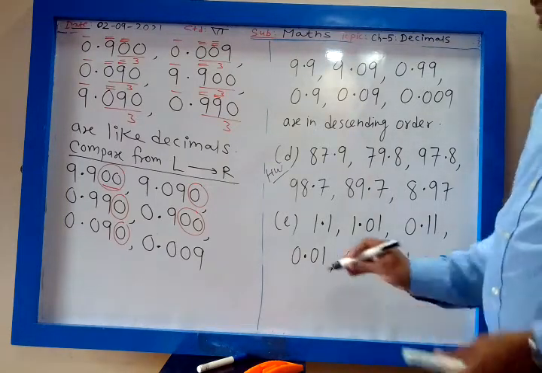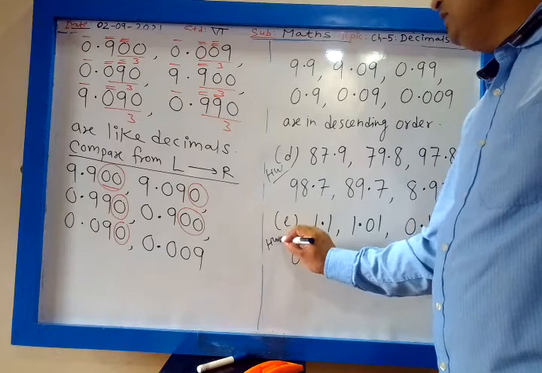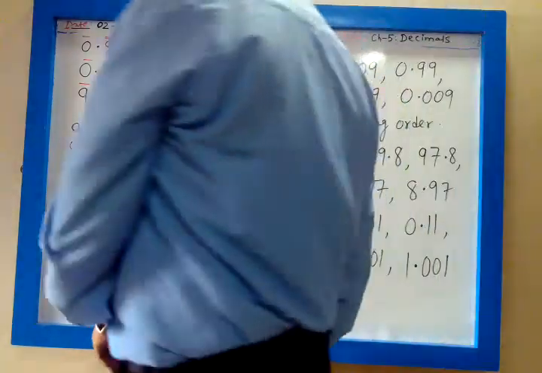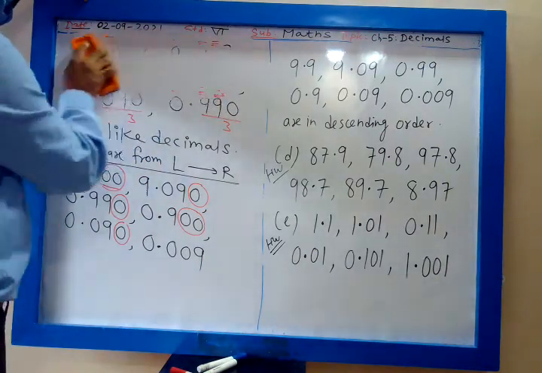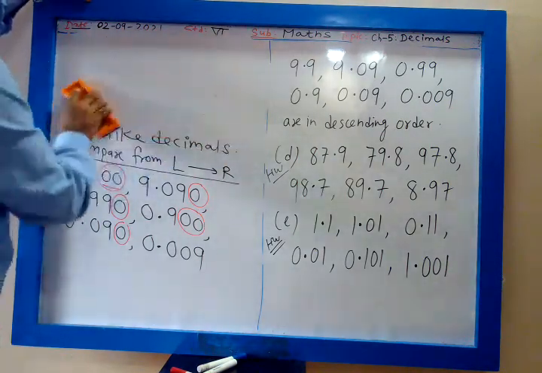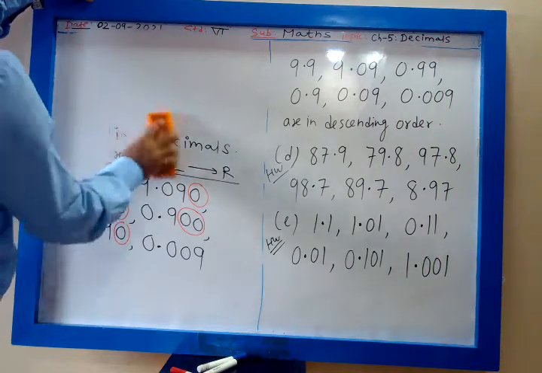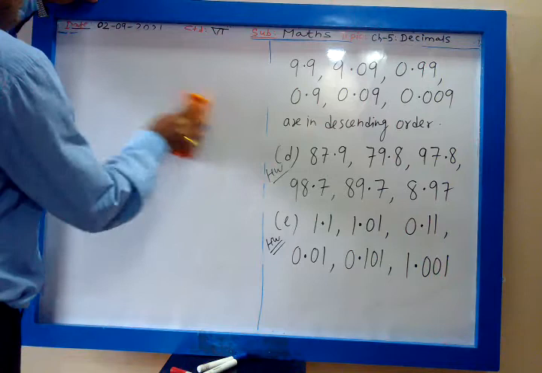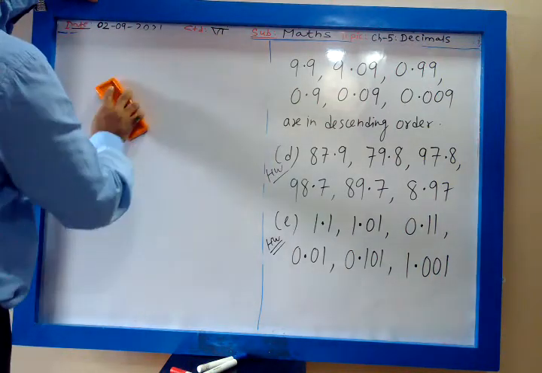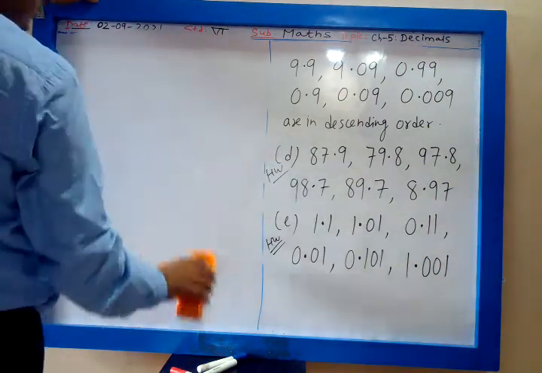Okay, so D and E are homework. You first convert them into like decimals, then you compare the digits from left to right. Descending order means bigger to smaller.